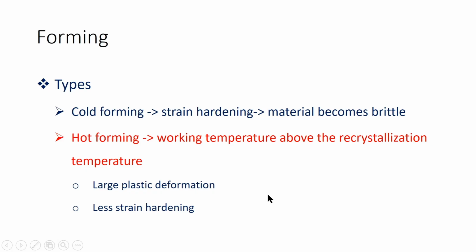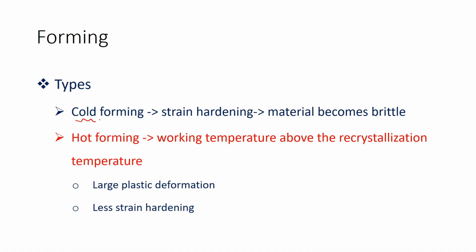There are basically two categories of forming process, based upon the application of temperature, the application of heat energy during the process. The first group or category is the cold forming process. This forming process occurs at room temperature.